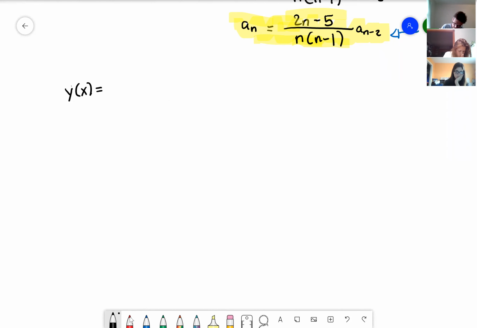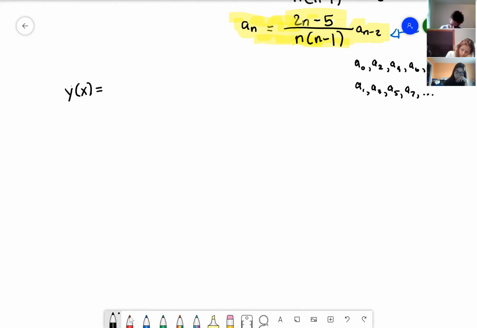So we're looking at this equation. If we have a0 and a1, then we can always get, well, for example, if we have a0, then we can use this equation to get a2, and we can use a2 to get a4, a6, and so on. If we have a1, we can get a3, a5, a7, and so on.